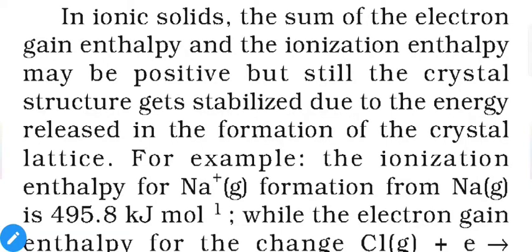So here we have two different types of reactions, the electron gain reaction and the ionization reaction. Positive ions are formed due to the ionization reaction, and negative ions are formed due to the electron gain reaction. As mentioned, electron gain may be positive or negative in terms of enthalpy, but ionization is always positive. Let us use one example to understand this point.